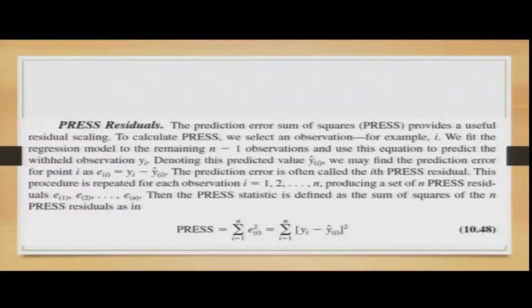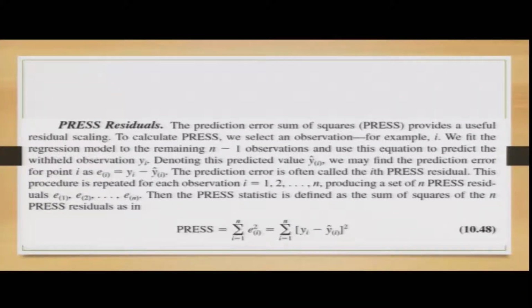We fit the regression model to the remaining n minus 1 observations and use this equation to predict the actual value of y_i. i can be anything, 1, 2, 3, 4, 5, 6 till n, and we predict it with the corresponding hat value. Denoting this predicted value as y hat, we may find the error. The prediction error is also called the ith error for the prediction sum of the squares.